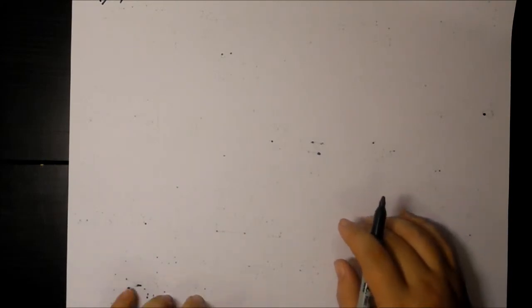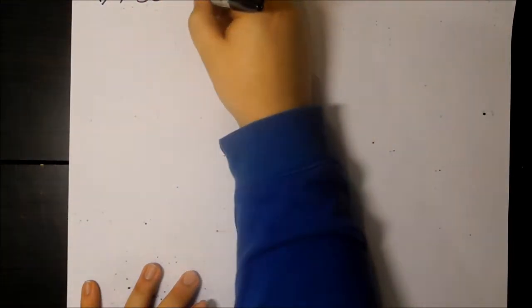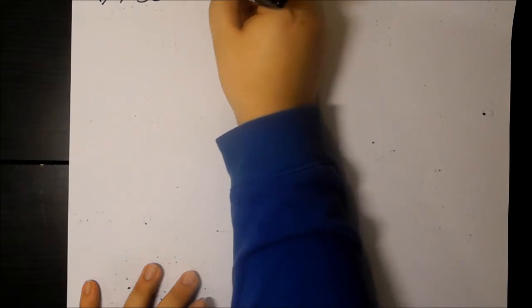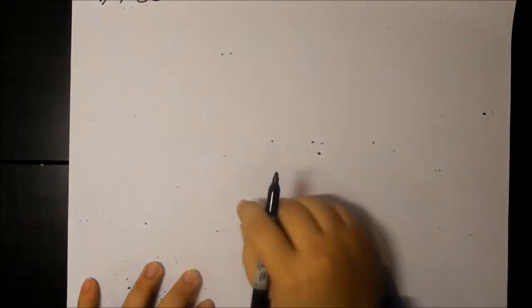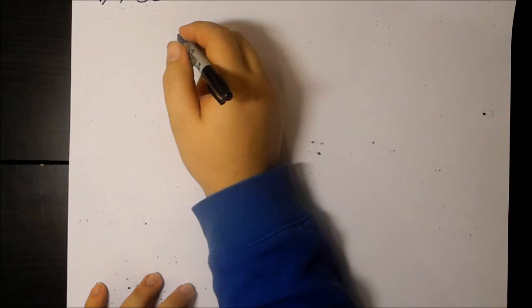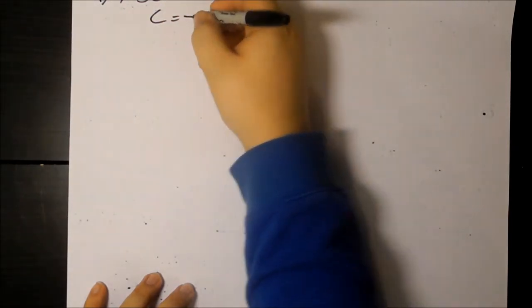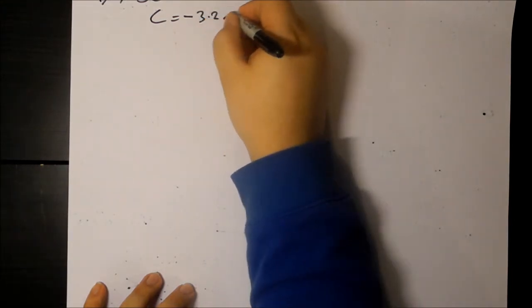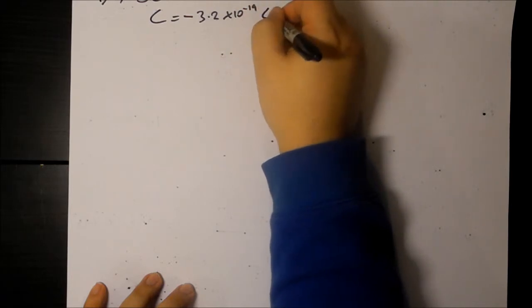Question 4 asks us to calculate the mass of an ion that has a specific charge of 1.20 times 10 to the 7 coulombs per kilogram, and has a negative charge of 3.2 times 10 to the minus 19 coulombs.